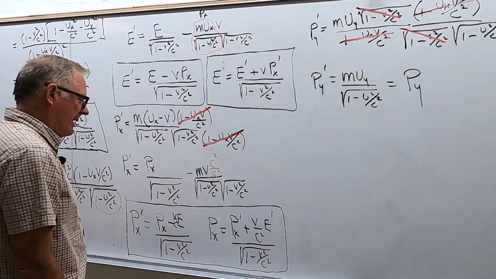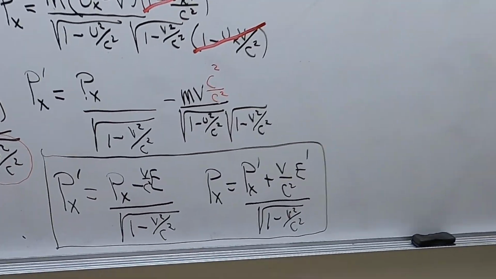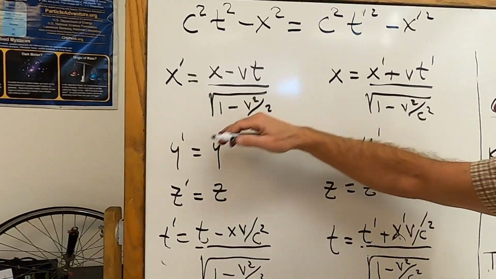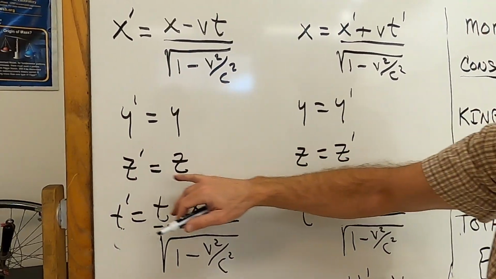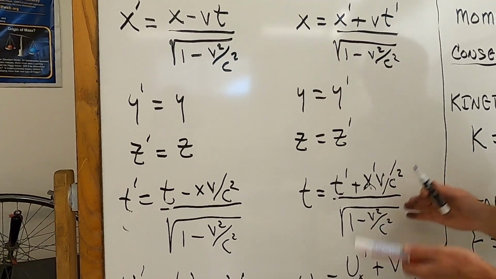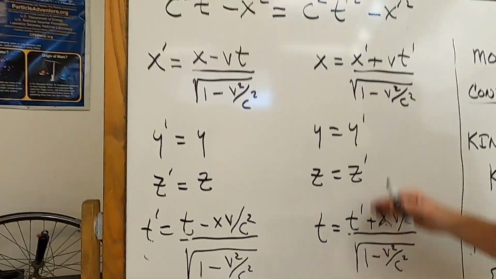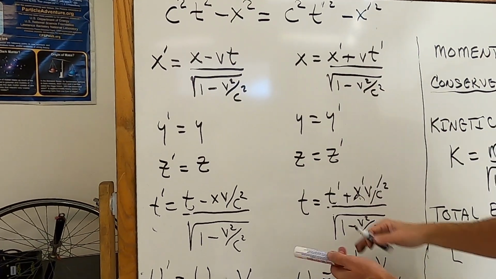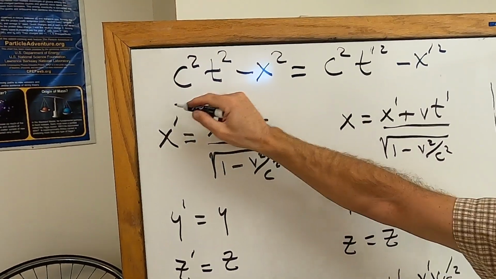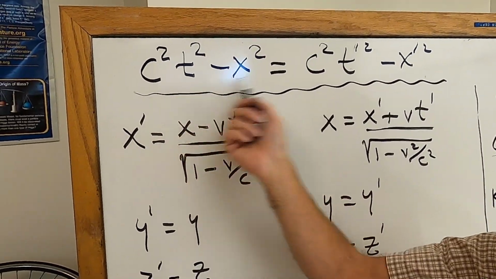Boy, what do we have here? You notice these equations right here look a lot like these equations right here. The z would be the same thing. Pz prime would be equal to pz. But you'll notice they all look the same right here. So just like this, the time was the fourth component of space. We could call this space-time right here. And we said there was an invariant: c squared t squared minus x squared was the same for everyone.